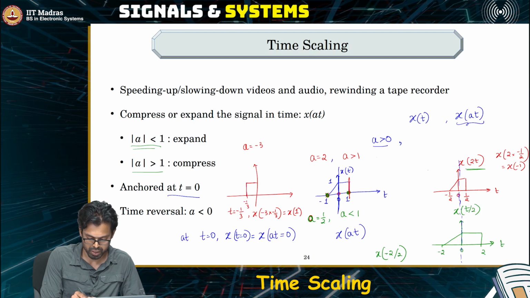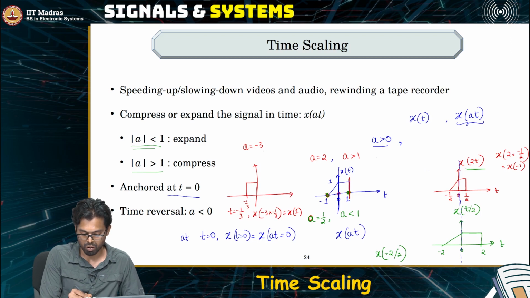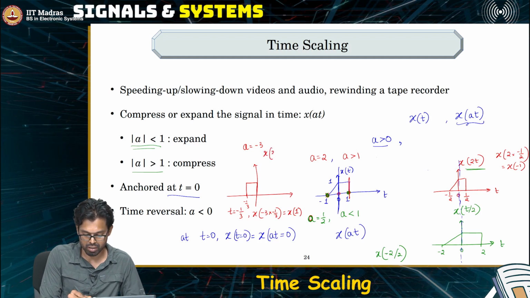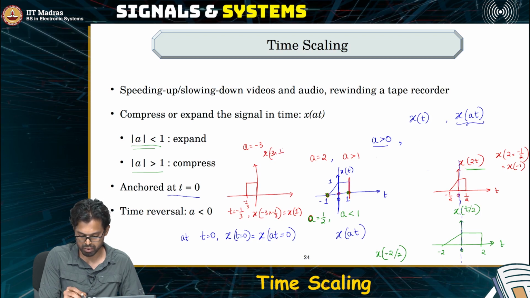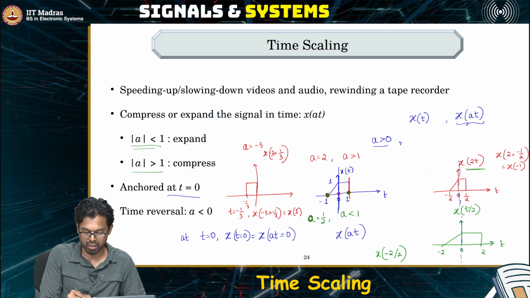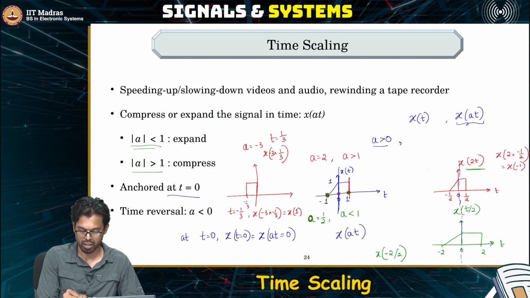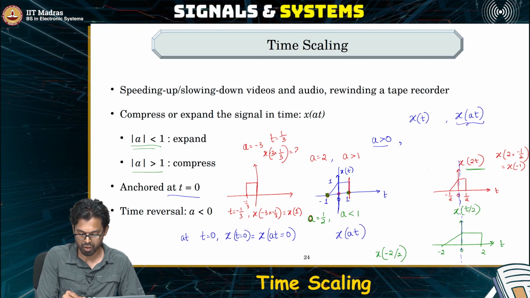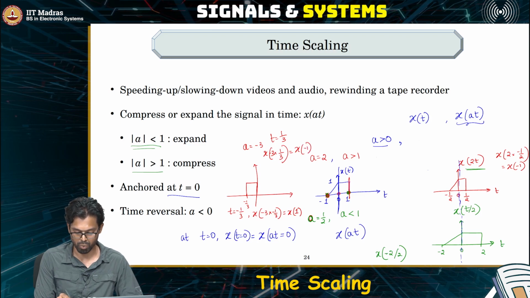And remember, 0 remains as such. And then when x of minus 3 is computed, you have x of minus 3 divided by x of 1 by 3. So basically here we try to compute t equal to 1 by 3. Then this is x of minus 1, which is this point, right?